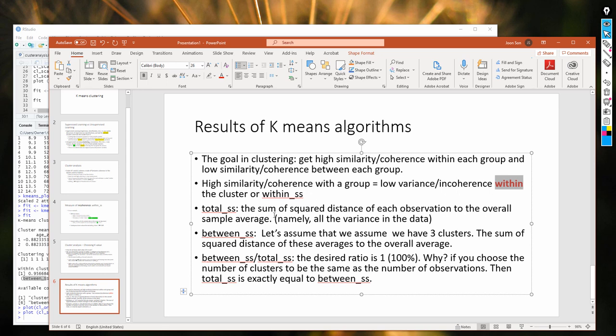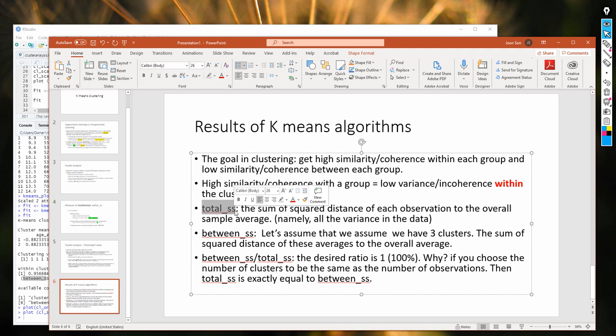And the total SS is the sum of the squared distance of each observation, basically the sum of the squared distance of all the observations to the overall sample average. Namely, all the variance in the data. So this total SS is just a fixed value, regardless of K, regardless of how many clusters you have.